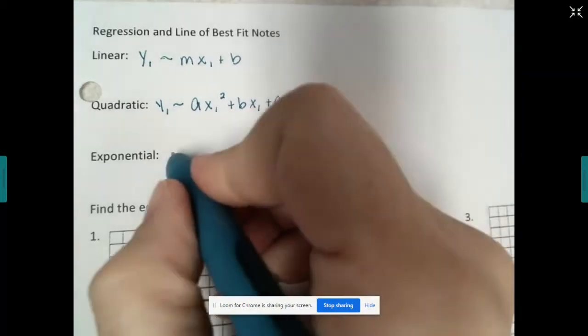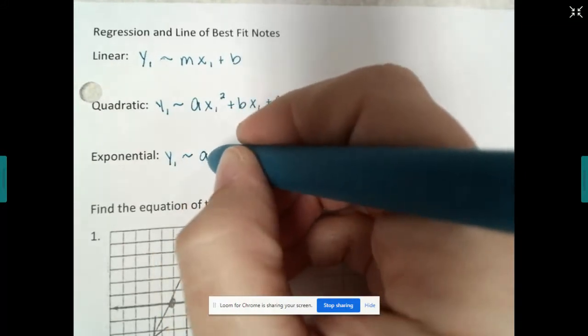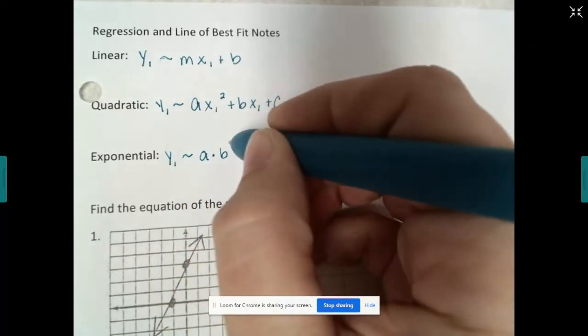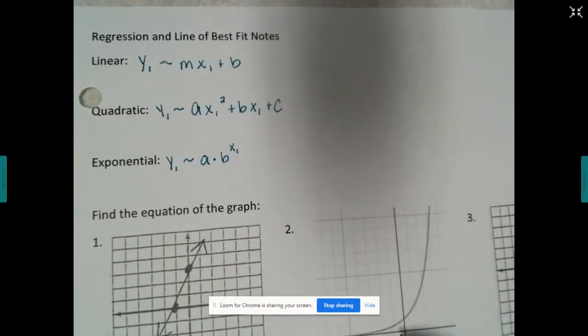And then the exponential one is y1 squiggly a times b, and then the x1 is actually in the exponent for that one. Your exponential graph will look like the one here at number 2.